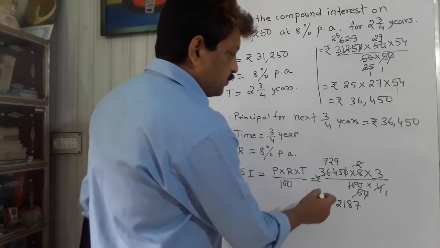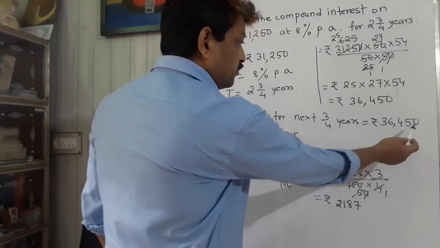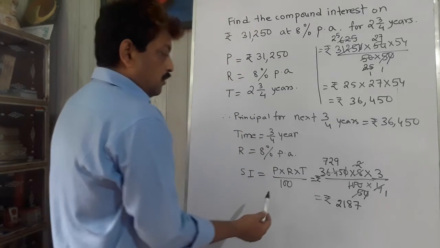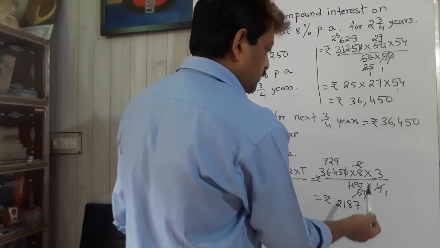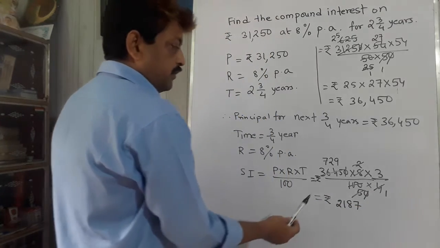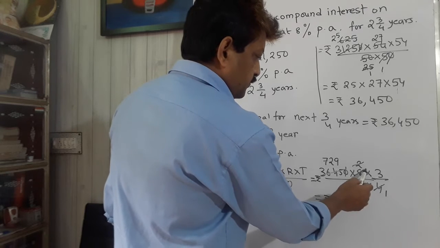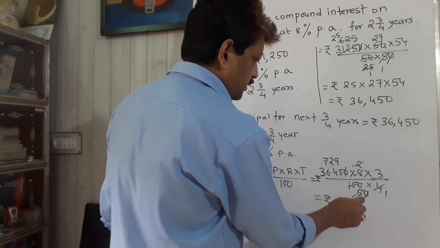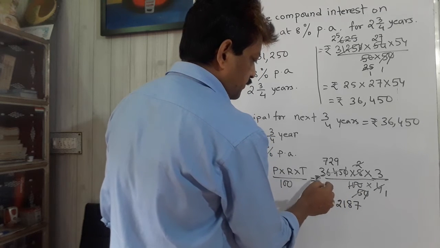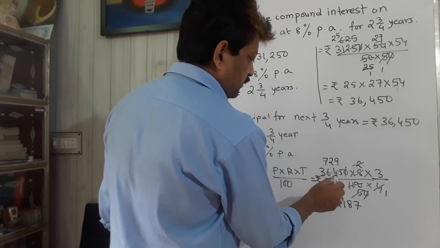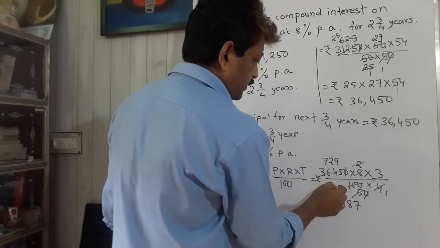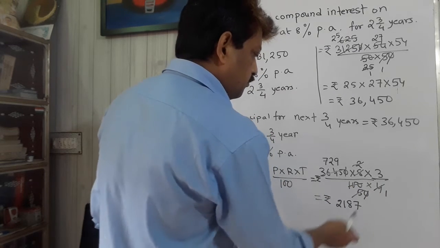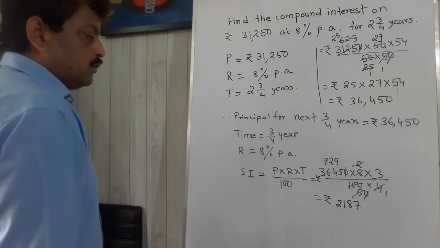Just check it once more. P is 36,450, rate is 8%, time is 3 by 4 years by 100. So 4 into 8 is 2, 4 into 4 is 1, 2 into 100 is 50, 0 0 cancelled, 729 multiplied with 3, that is 2187.